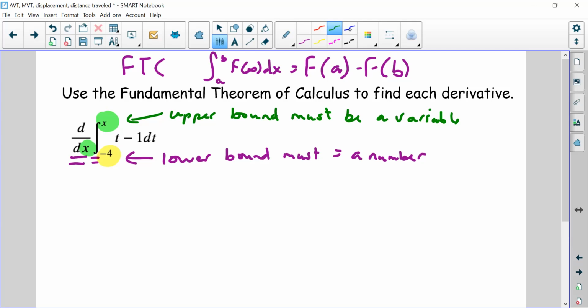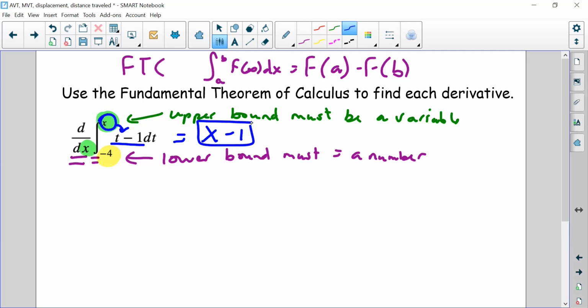This is what's so nice about this. My answer is I just copy down this function, substituting in place of every t what that upper limit is. So I just write x minus 1. Done. Answer. It's that easy. The derivative of the integral from -4 to x of t minus 1 dt is x minus 1. Done.